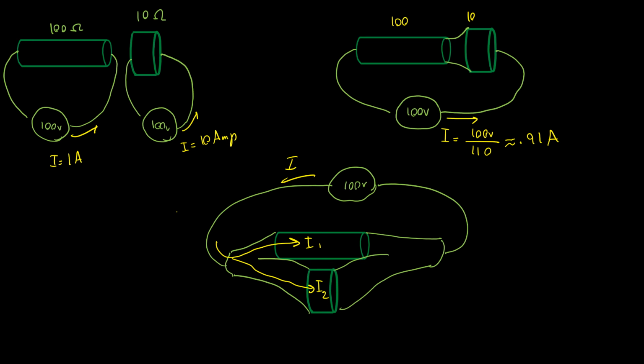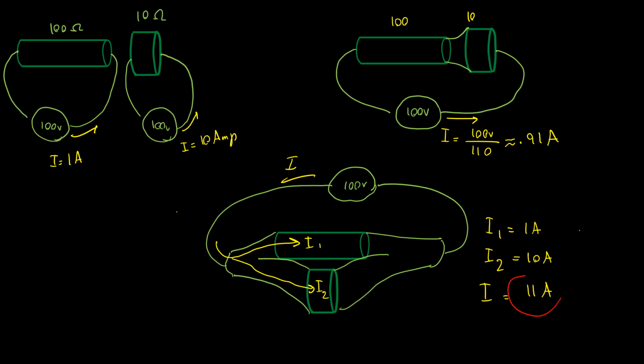So I know that there's 100 volts across each one of these two. So my I1 is 100 divided by 100, 1 amp, just like this case over here, and my I2 is 100 divided by 10, so it's 10 amps. So my overall current is 11 amps.